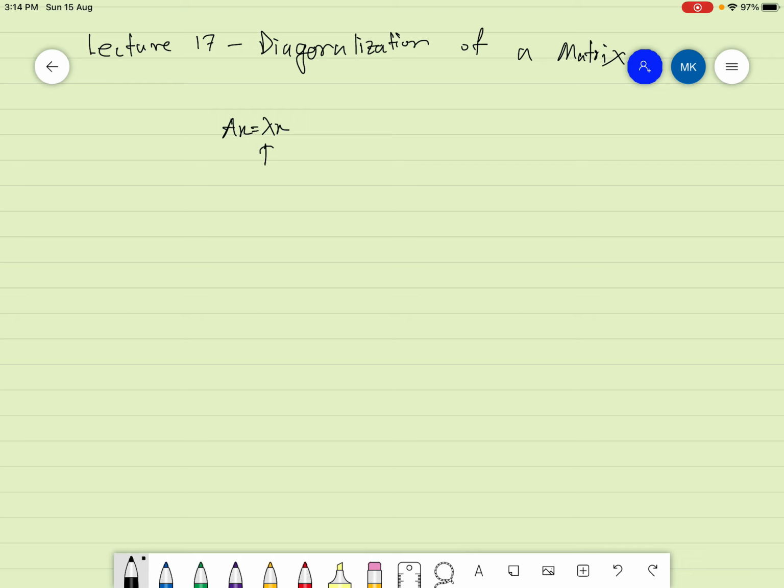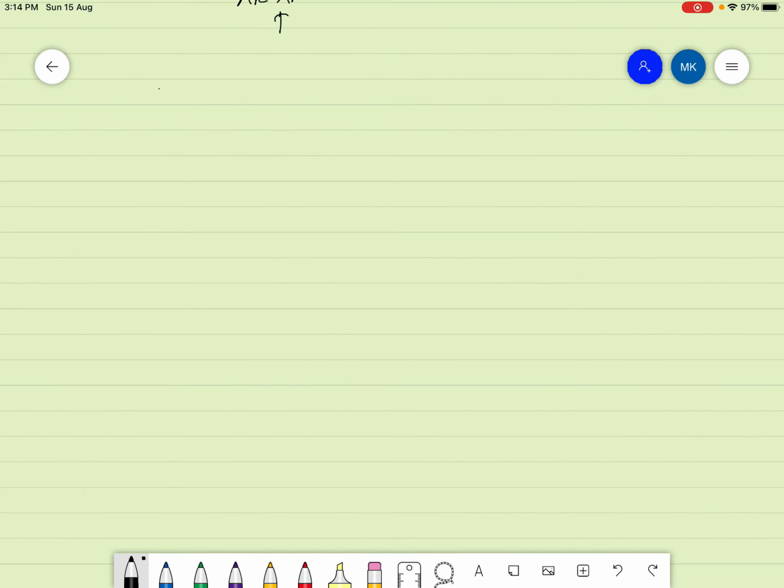So this is where the concept of diagonalization comes. So suppose you have an n by n matrix. In that n by n matrix you have n separate eigenvalues. So for n separate eigenvalues you have n eigenvectors. Let's say those eigenvectors are x1, x2 up to xn.